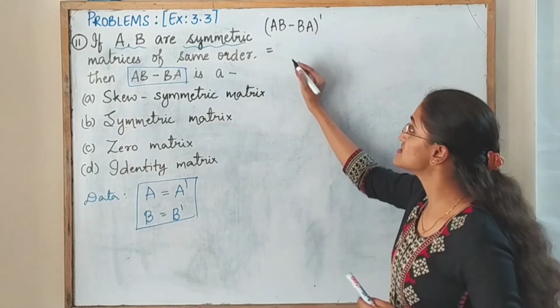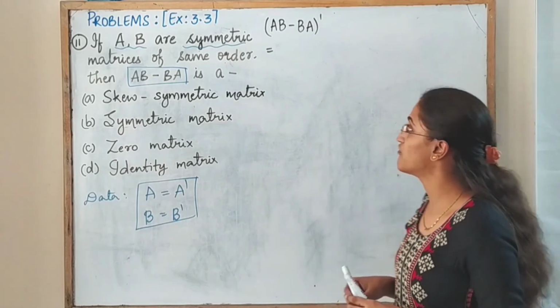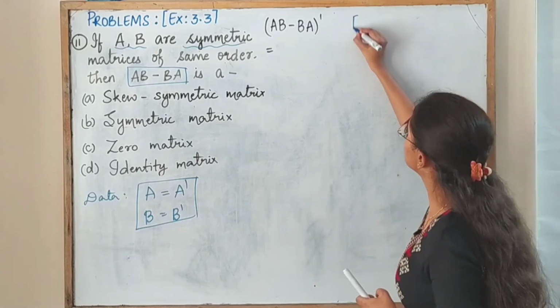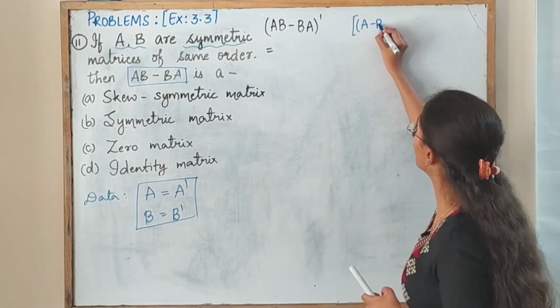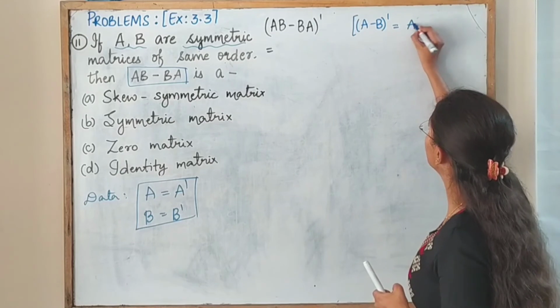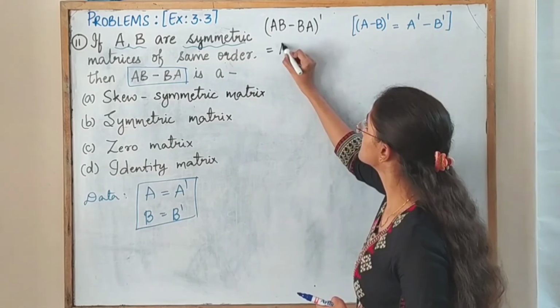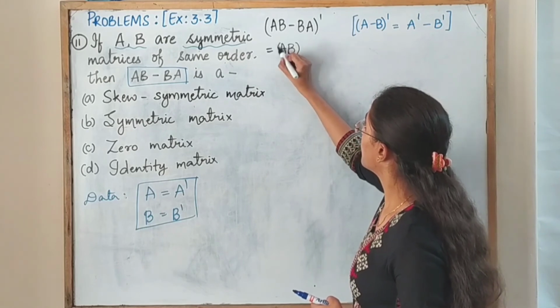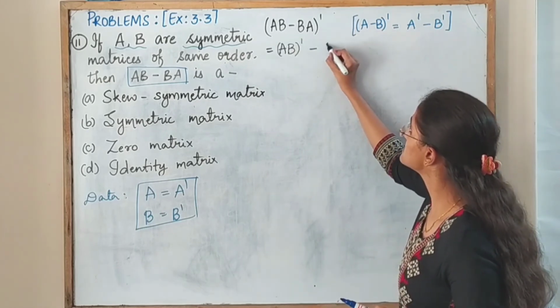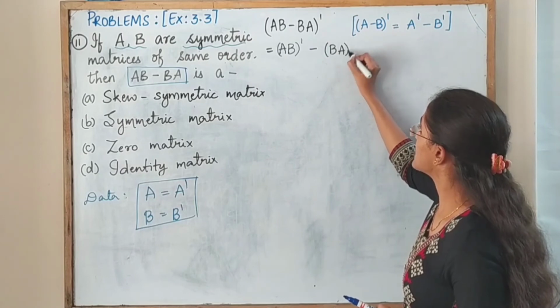Then, simplifying this, according to the property of transpose, we know that (A minus B)' will be equal to A' minus B', and hence (AB)' minus (BA)'.